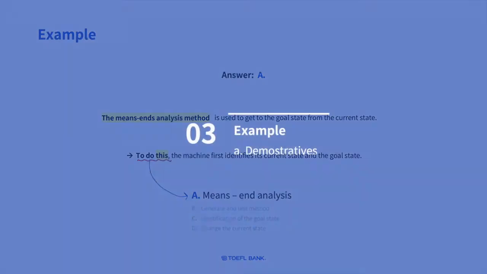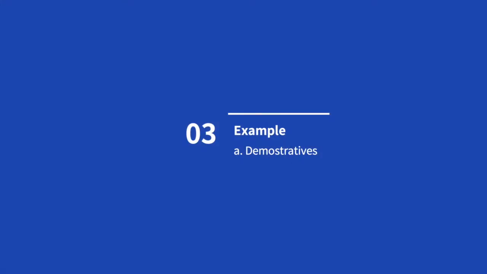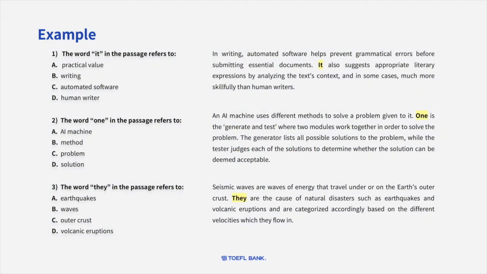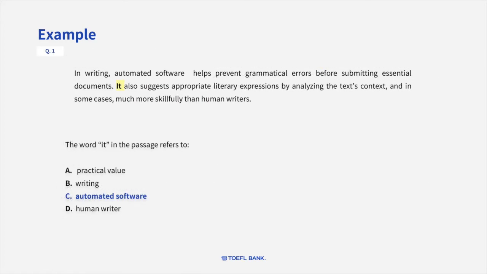Now pause the video again and solve the next 3 questions. The first question is the word it in the passage refers to. The previous sentence states, automated software helps prevent grammatical errors before submitting essential documents.